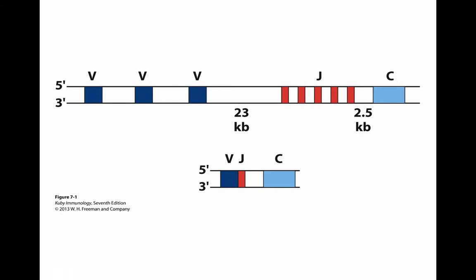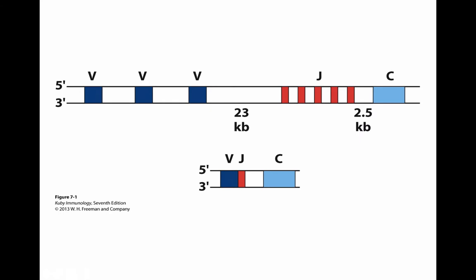So by having different joiners and having different numbers of amino acids going between the V and J and between the J and the C, then you're going to increase the possible variable shapes that can occur in the variable region of just the light chain.